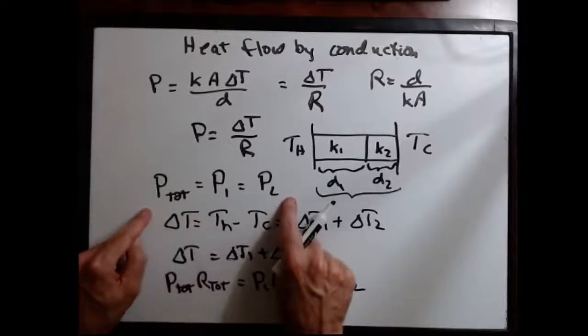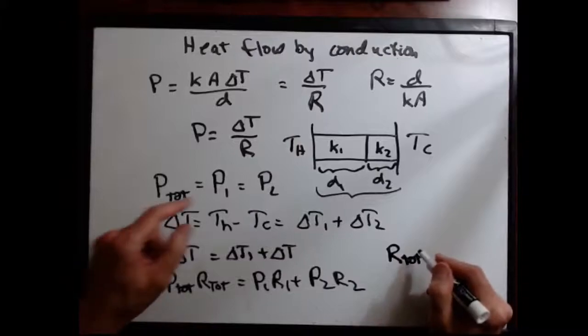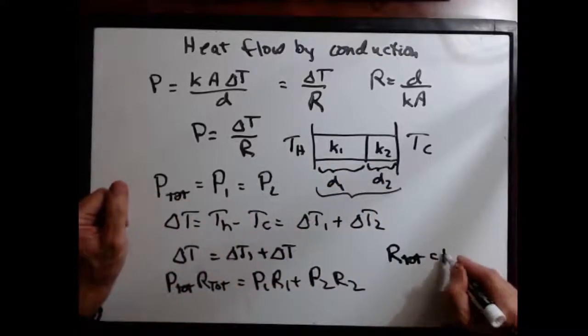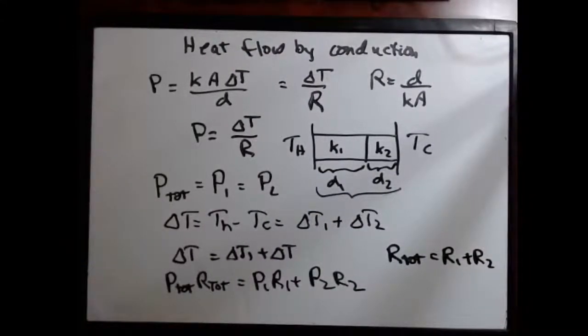But we said all the P's are the same. And so that means the total resistance for conductors in series is just the sum of the two resistors in series.